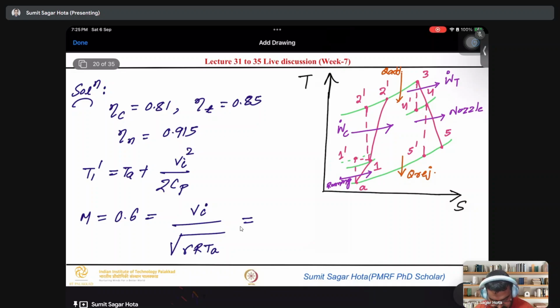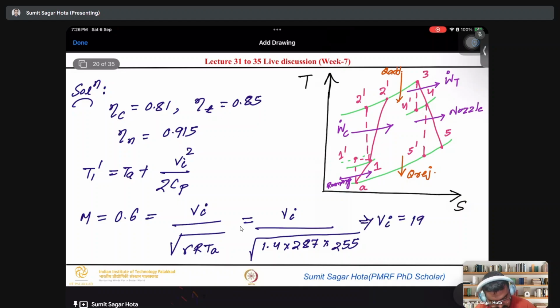We need to find out V1, so V1 divided by square root of 1.4 into 287 into 255. So V1 is equal to 192.06 meter per second.